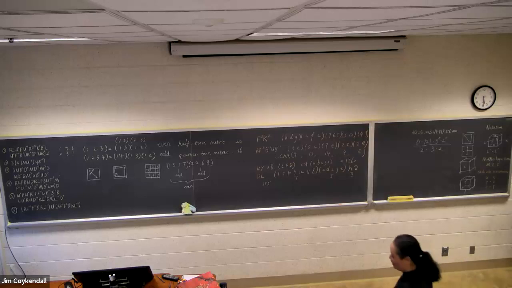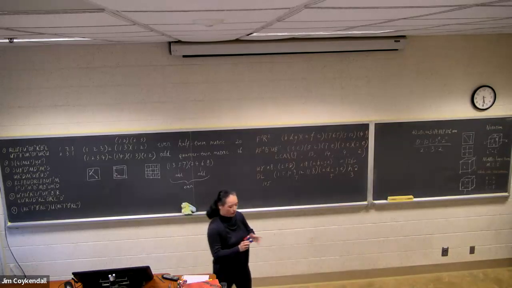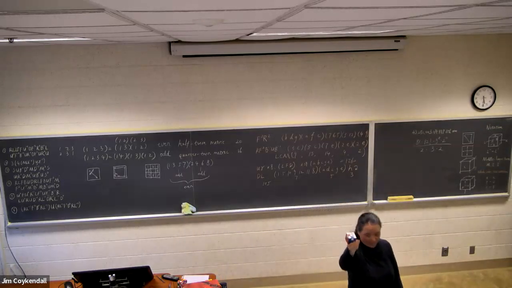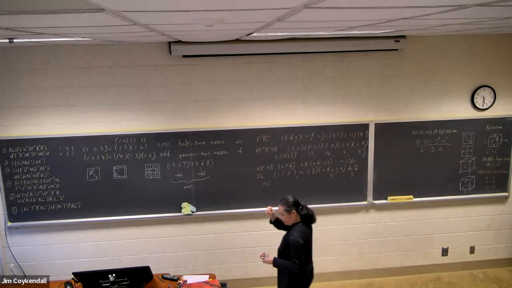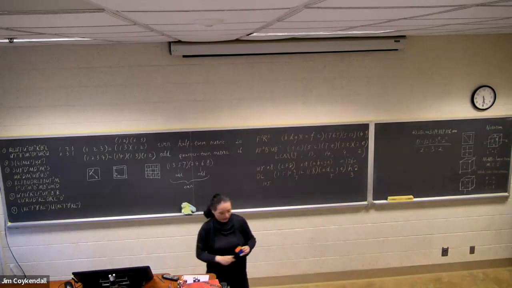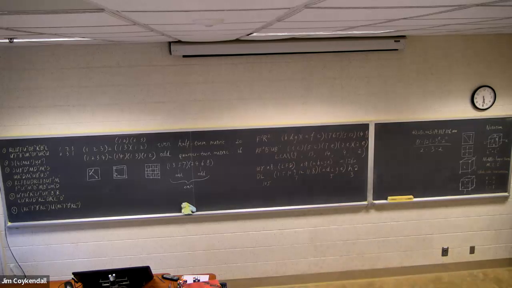That will never happen. You can possibly flip two edges. That's possible. You cannot twist one corner. You can possibly twist two corners, one clockwise, the other one counterclockwise.